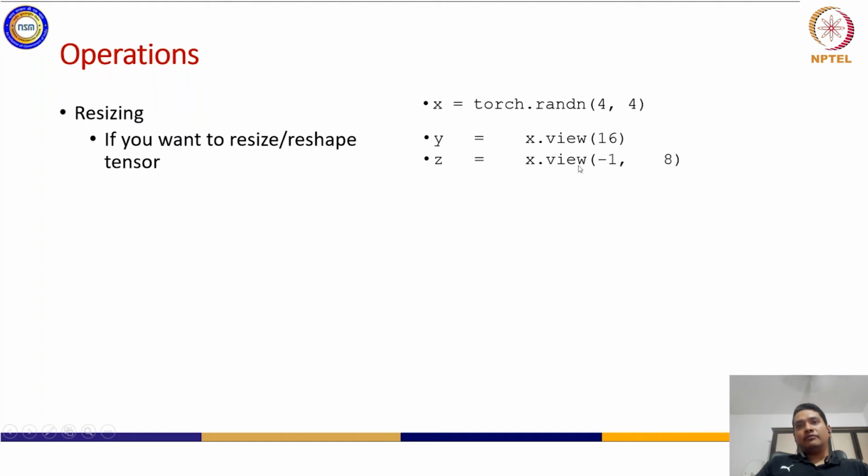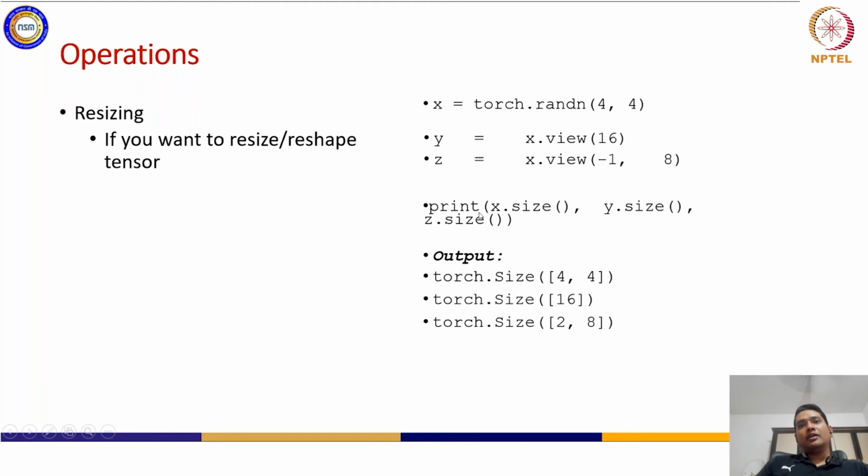I will call the x dot view function, but here I will not hard code the first dimension. Let's say I want to hard code only the second dimension. In the second dimension I want 8 as the size, and the first dimension I want it to auto calculate and reshape automatically, and that's when we will use -1 as the argument.